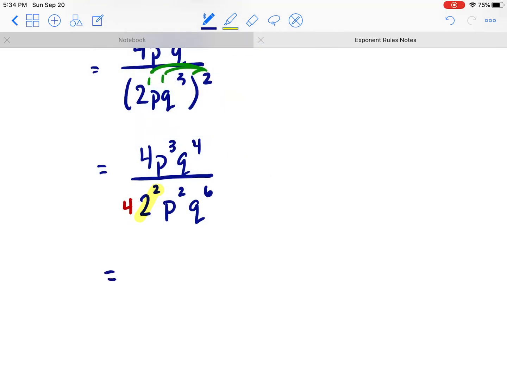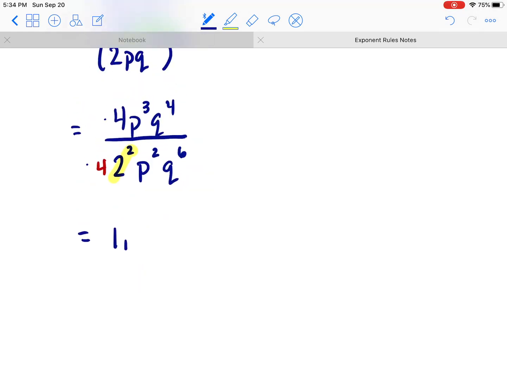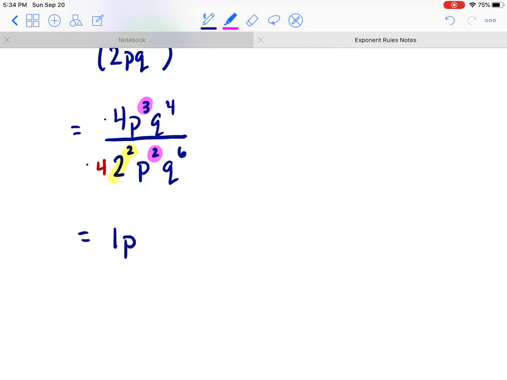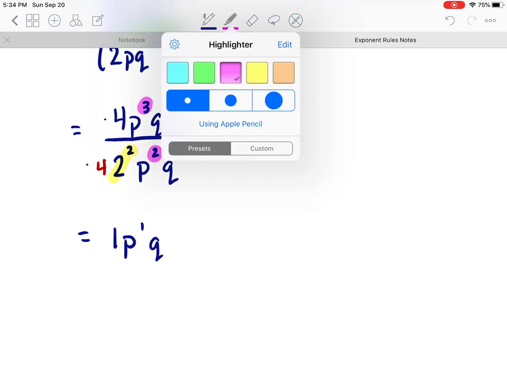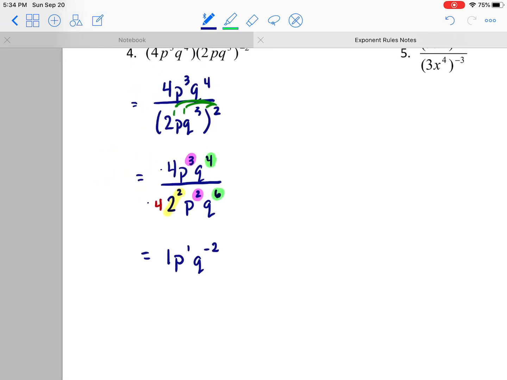Use our quotient rule, which says to divide the coefficients and subtract the exponents. So the 4 divided by the 4 is going to leave me a 1, which I don't have to write, but I can. And then I'm going to have p to the, let's see here, we've got 3 p's minus those 2, so p to the first. And then q to the 4 minus 6, which is going to be a negative 2.